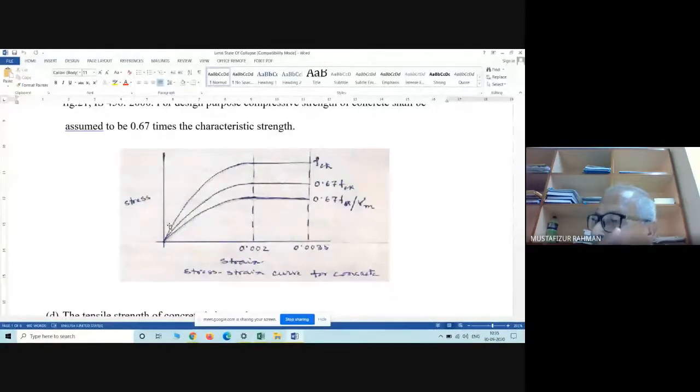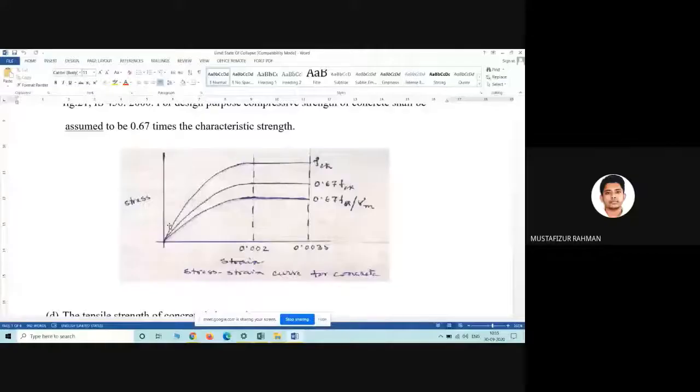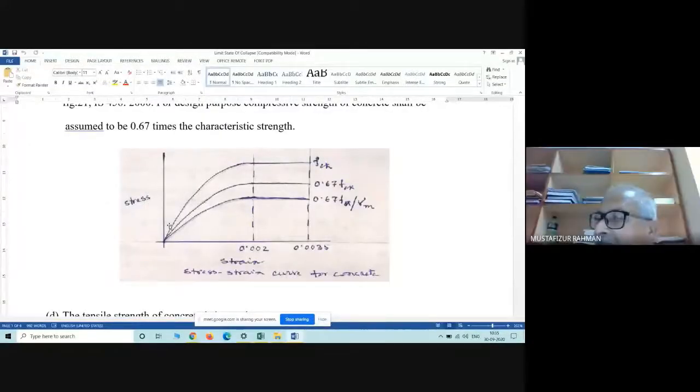Now, what we had done when we discussed in our last class, by a factor that is called partial safety factor. This gamma m is the partial safety factor. So finally we are going to utilize the bottom curve in our real design calculations. Okay, do you follow?